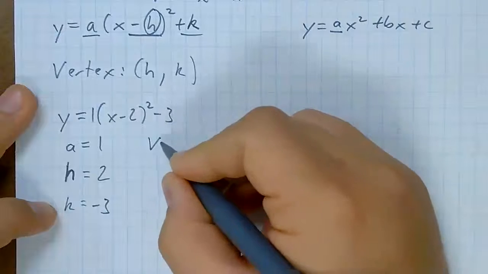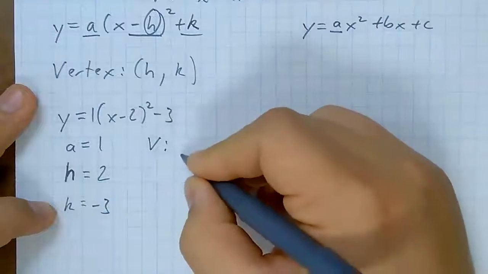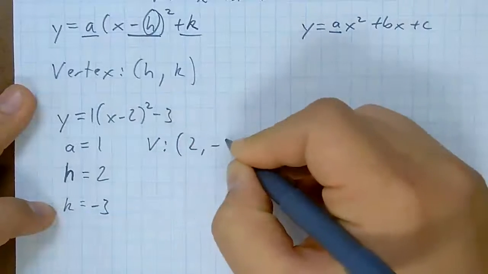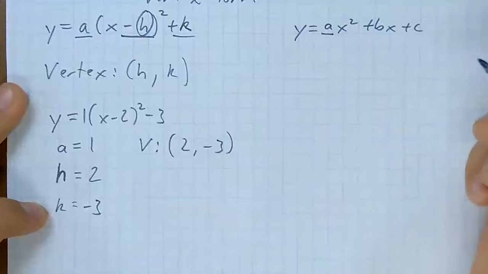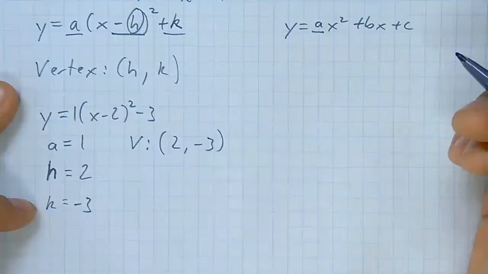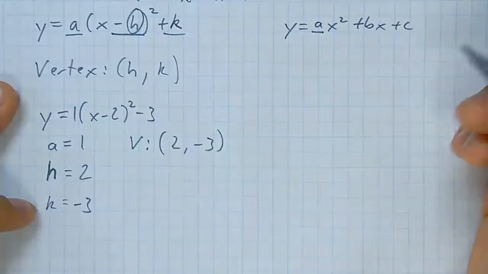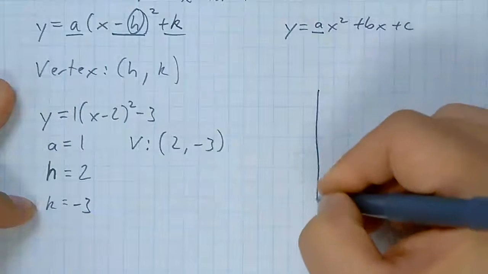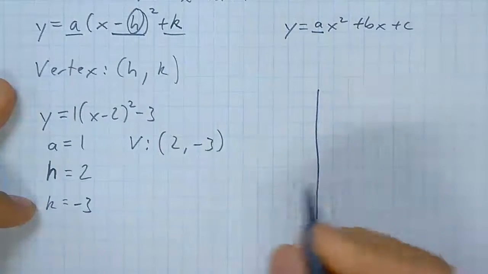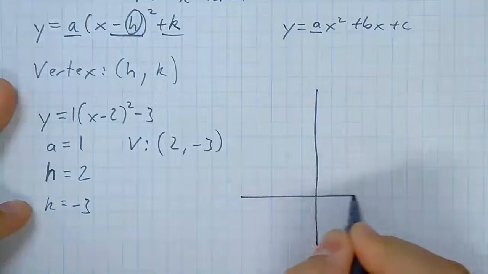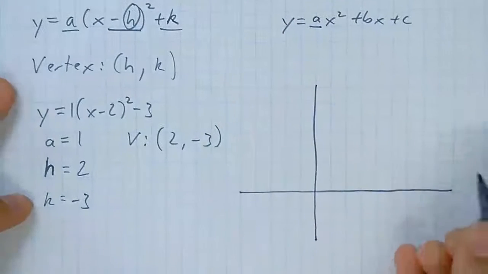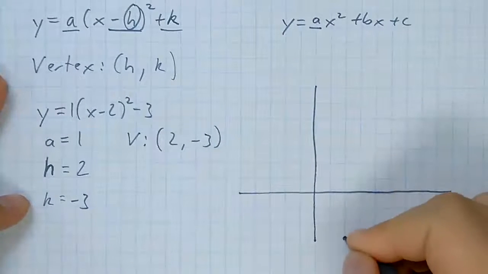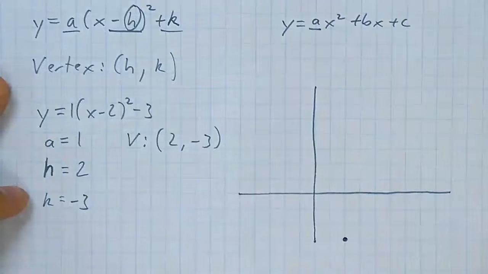So right off the bat, we know our vertex. Our vertex is the point (2, negative 3). Now that we have that, let's go ahead and graph. We have the point (2, negative 3).